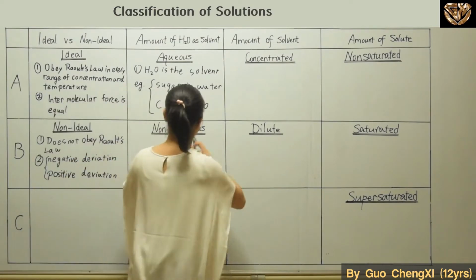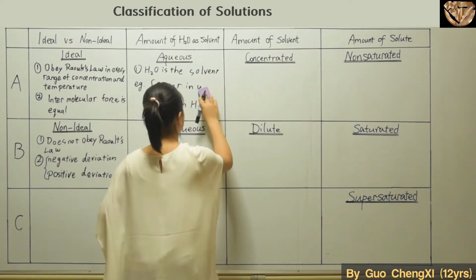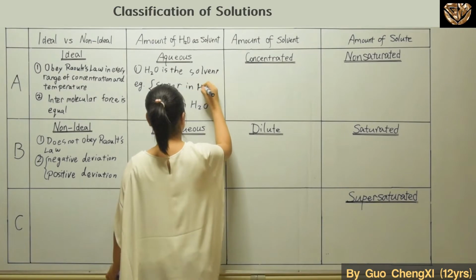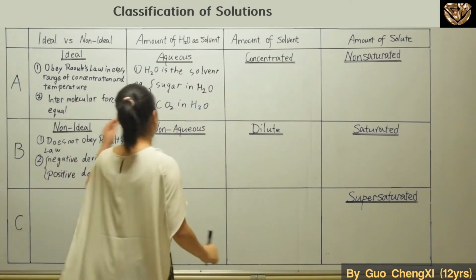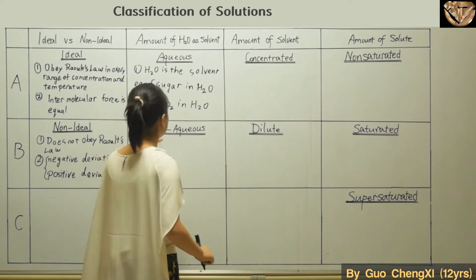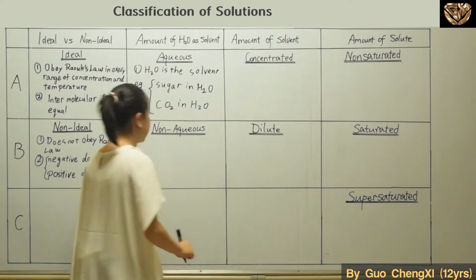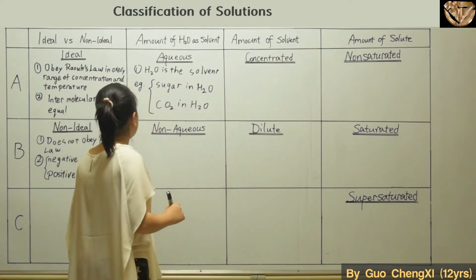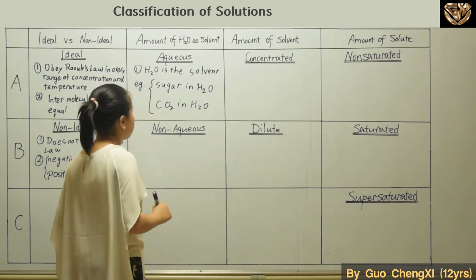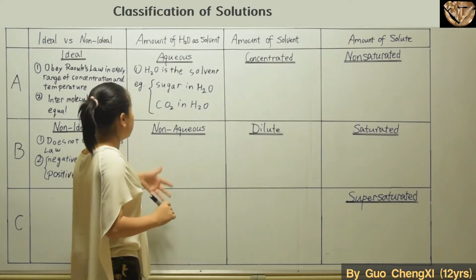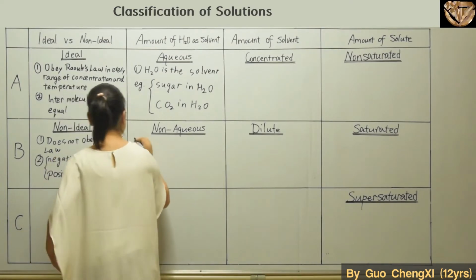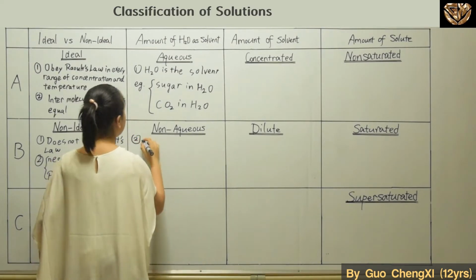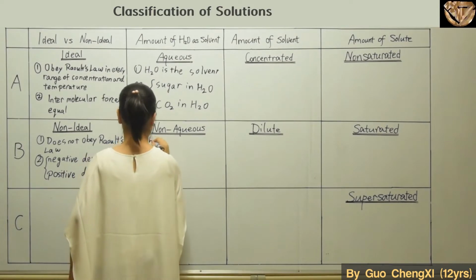You can just write this as H2O if you want. Both are fine. So sugar and H2O, you can say either. Then after that, it is carbon dioxide and H2O. It's something like those carbonated drinks, where there is carbon dioxide in the water. And the second one is most definitely where the solvent is not H2O.